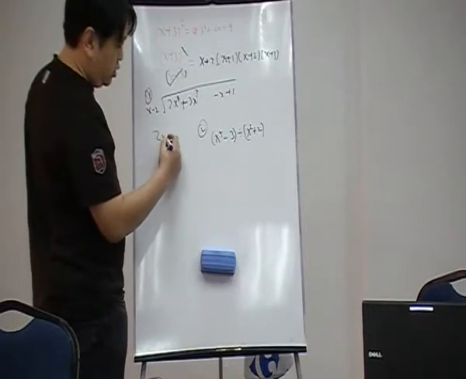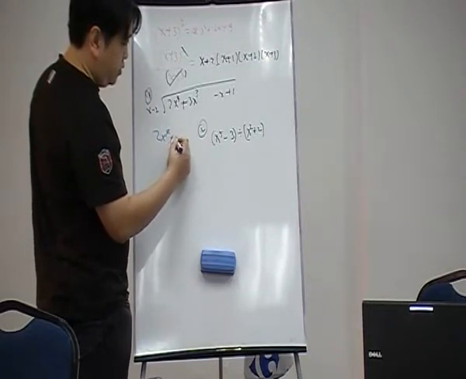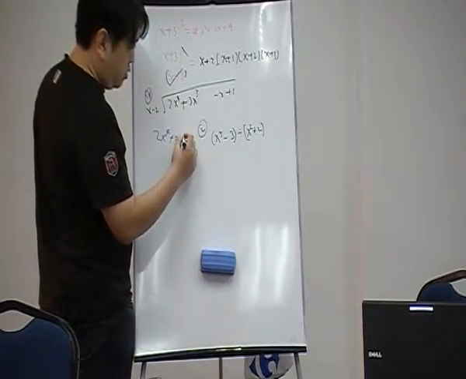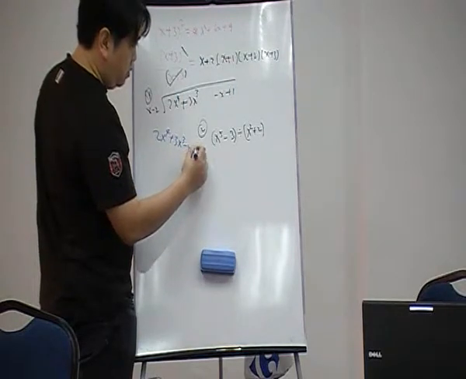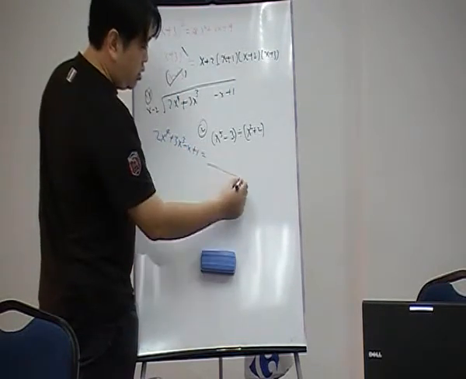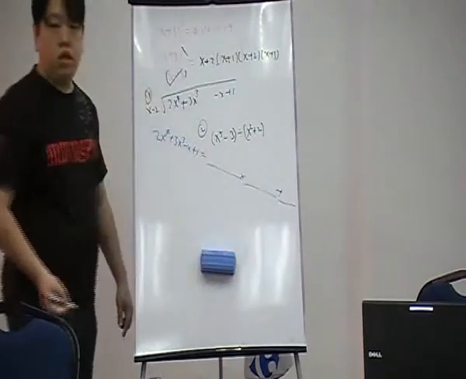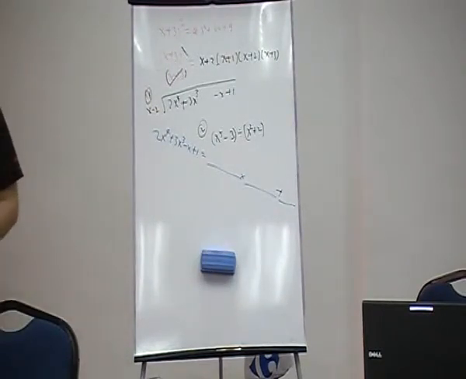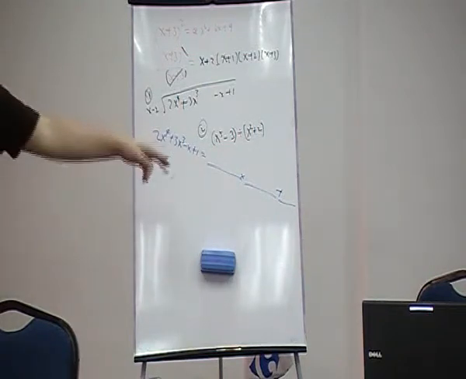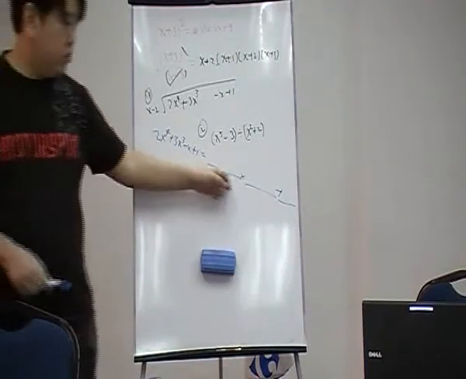Okay. 2x to the 4 plus 3x cube minus x plus 1 equals what times what plus what? What's this and what's this?